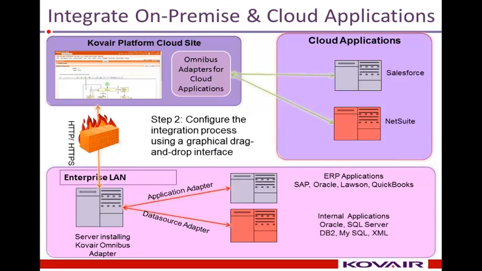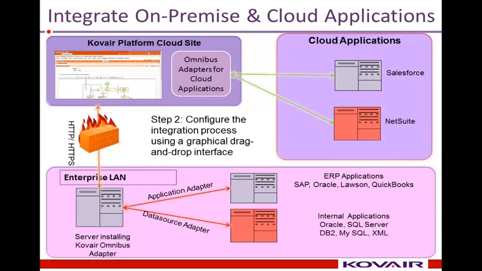Once we are ready with the adapters, step 2 is that we will be configuring all these different adapters for our purpose. For example, with respect to Salesforce, we can say these are the objects we want: the contacts, the accounts, the opportunities and the tickets. And for that, it will create the entities. Remember the proxy entities I talked about in the Kovair platform, and we can configure the different custom fields we have created in Salesforce.